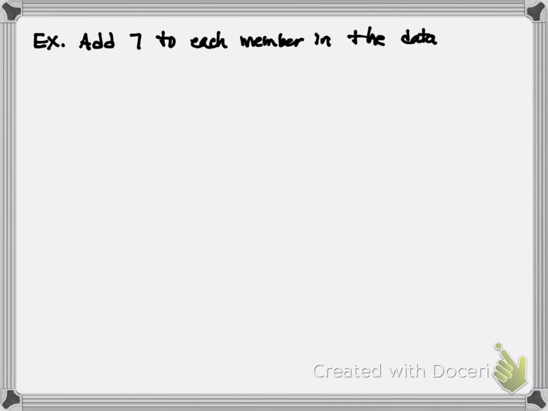We've got a group of data, and we are going to add 7 to each member in the data. So what I'm going to do is write out the data, and then I'm going to give you 2 different strategies, and you guys pick the one you want to use.